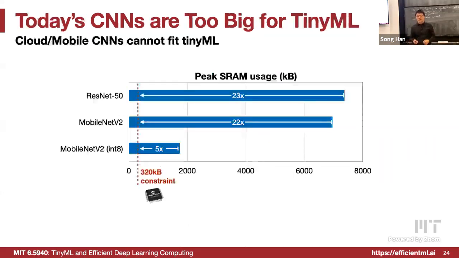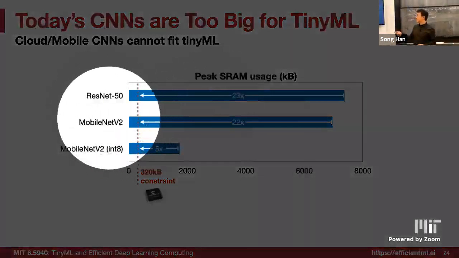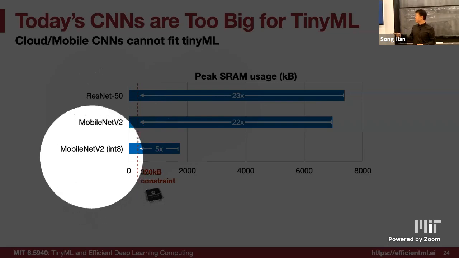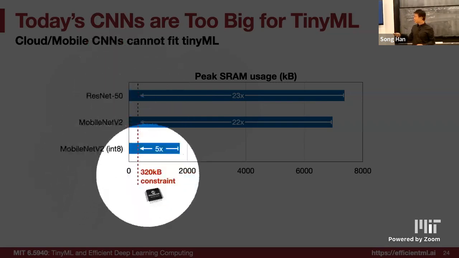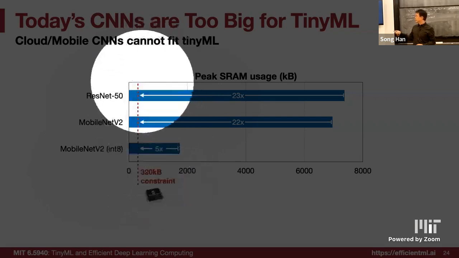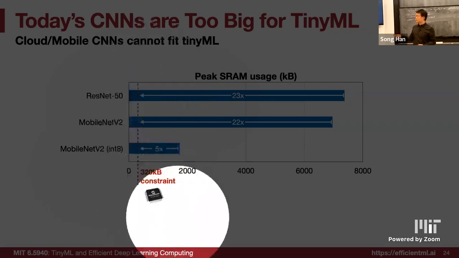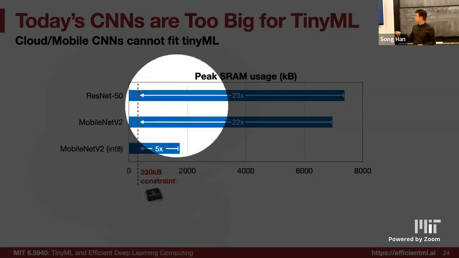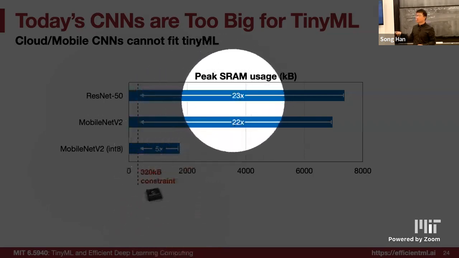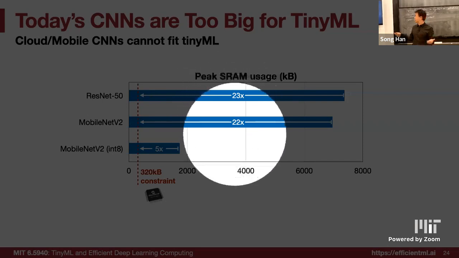So what is the gap here? This is comparing ResNet-50, MobileNetV2, and the MobileNetV2 int8 version. Here is the 320 kilobyte memory constraint that a microcontroller has, while ResNet-50's peak SRAM usage is 23 times larger.